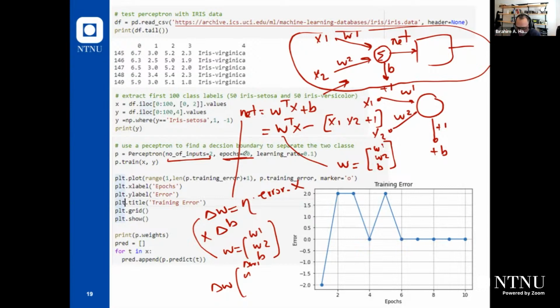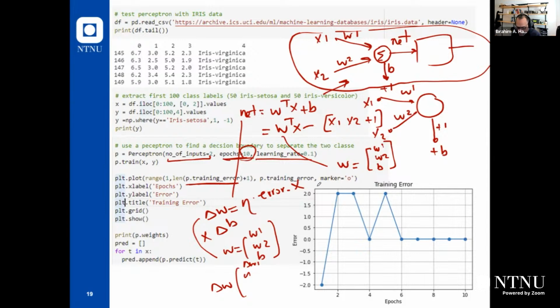We will train the model for 10 iterations, and the learning rate will be 0.1. After that, you need to plot the training error against the number of epochs.